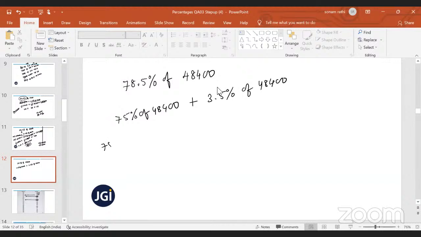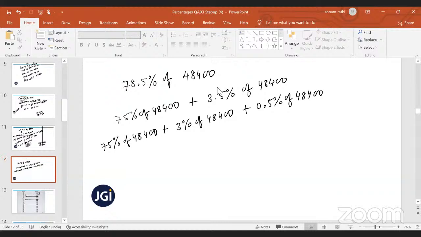Now 75% of 48400 plus 3% of 48400 plus 0.5% of 48400. Okay. Now check in your list.